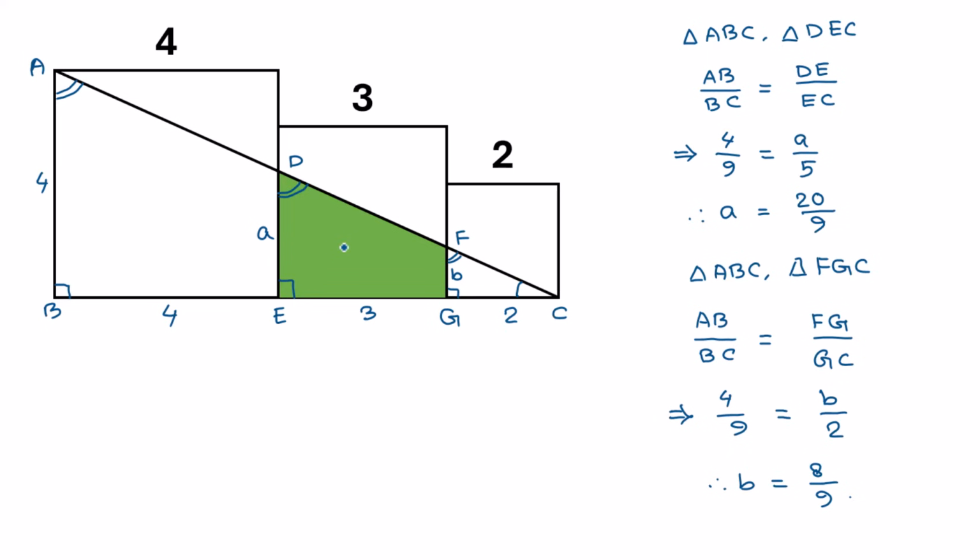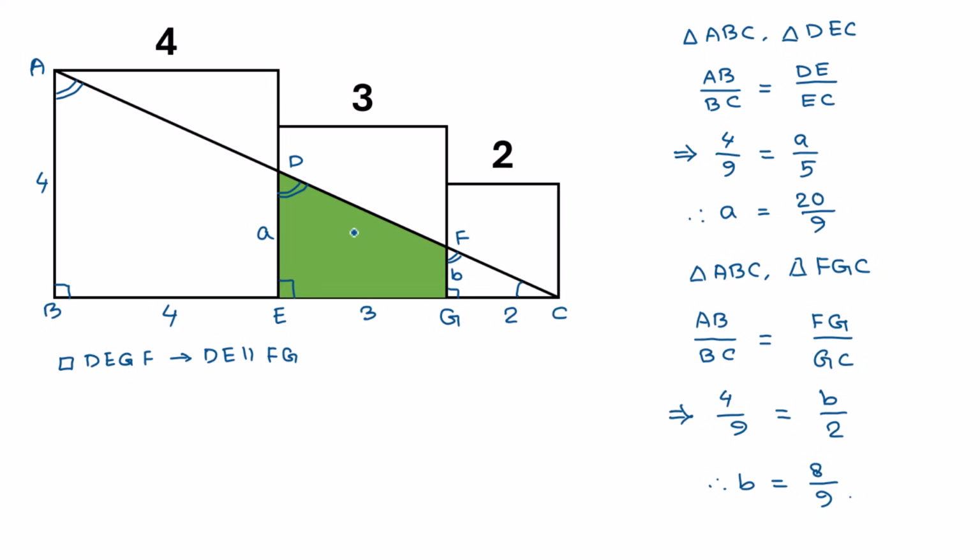Now focus on this green region. This is a trapezium. So in trapezium D, E, G, F, this is a trapezium because this DE is parallel to this FG.